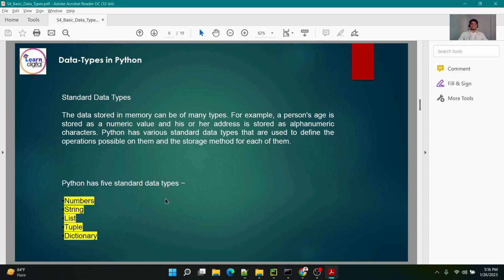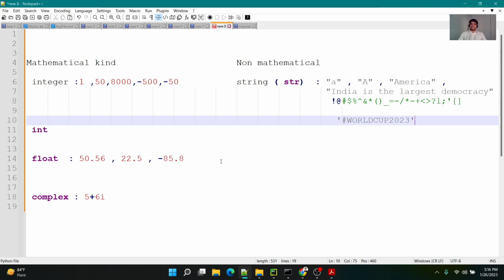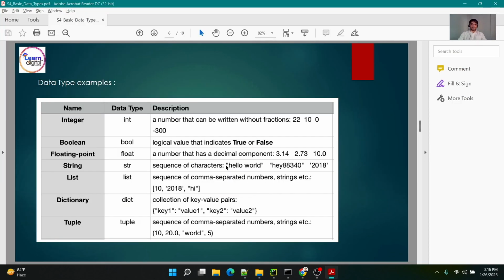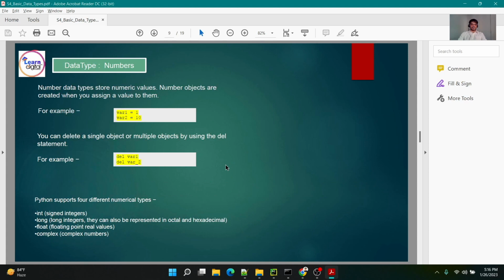Yes. So this is what you see on my screen, that Python has 5 standard data types. For now, I will try to keep your focus mainly on string, float, and integer. As you can see on my screen, there is something called numbers. So 1, 10, all these things can be stored.